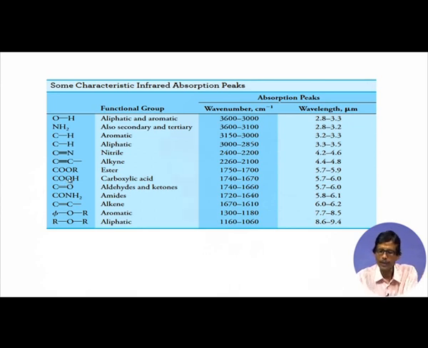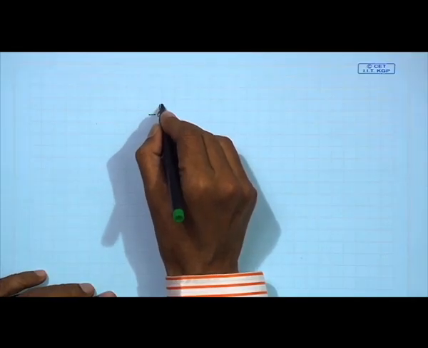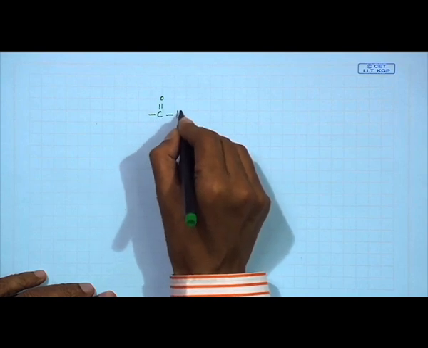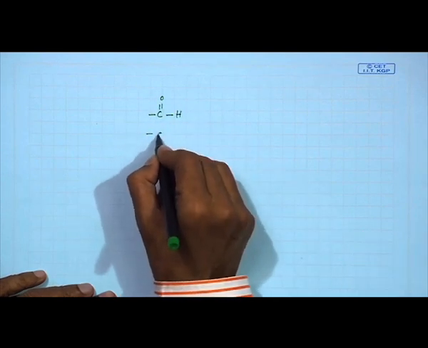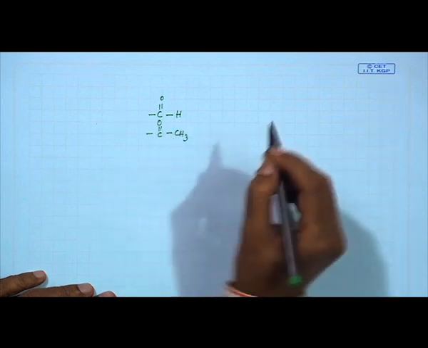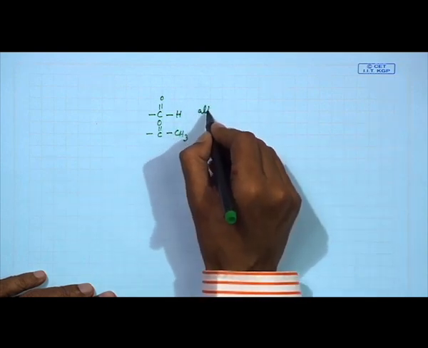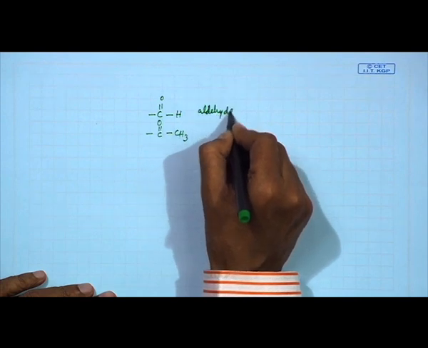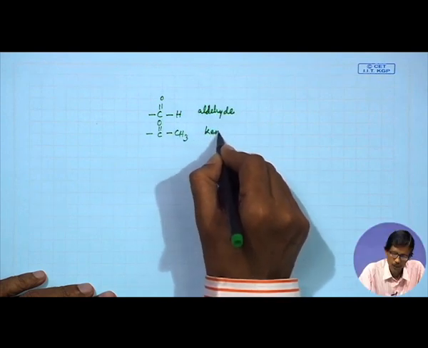Because the C=O function can have H, or it can have CH3 or any other R, giving rise to aldehyde or ketone.